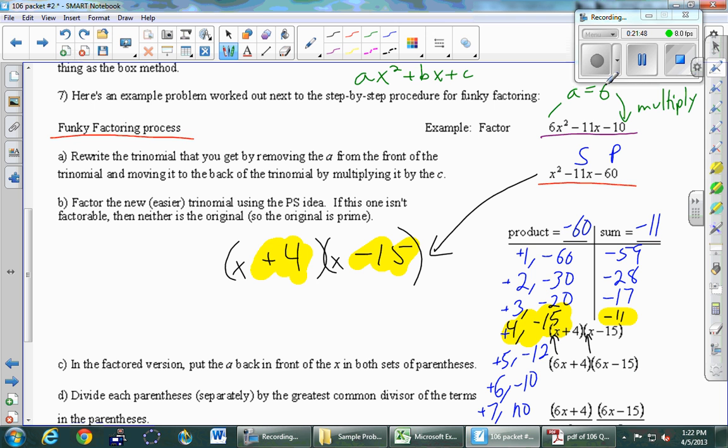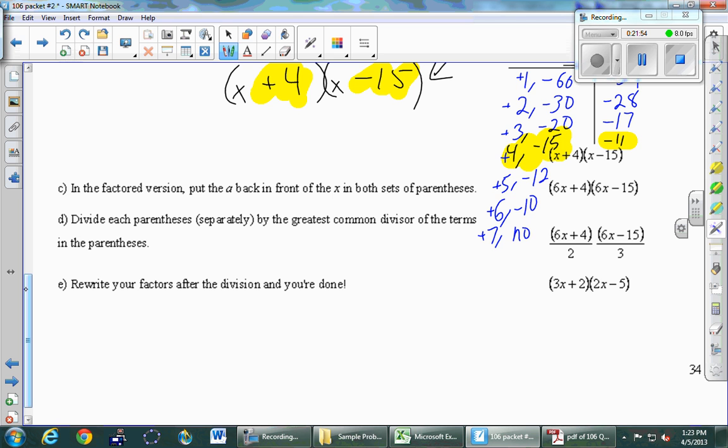And you can look at the very next line, and that's exactly what's happened. I'll scroll up just a little bit. This guy right here, if you stick a 6 in front of each x, you see this line? That's what happened. We stuck a 6 in front of both. Okay, that's the next part in the process. The number that you peeled off in the beginning gets plopped back in front of both x's.